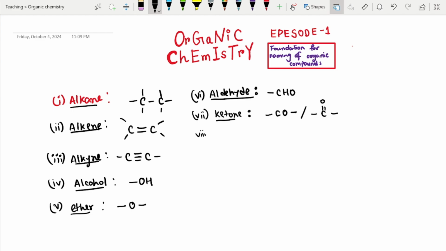Number 8 is organic acid, which is bond COOH, or you can write it like this: C double bond O bond H. Then ester.